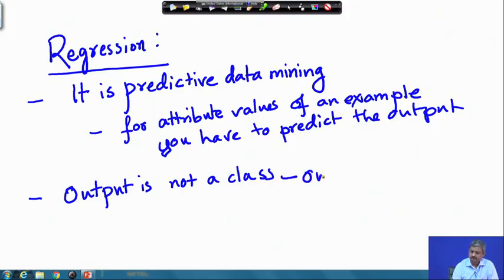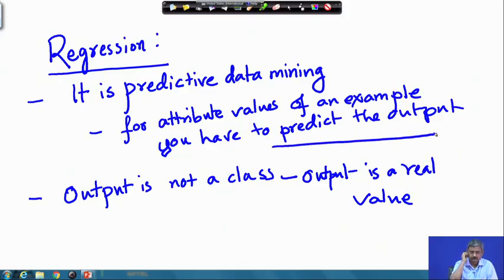The output is no longer an integer, the output is a real value. So, regression is predictive mining where the output is real.